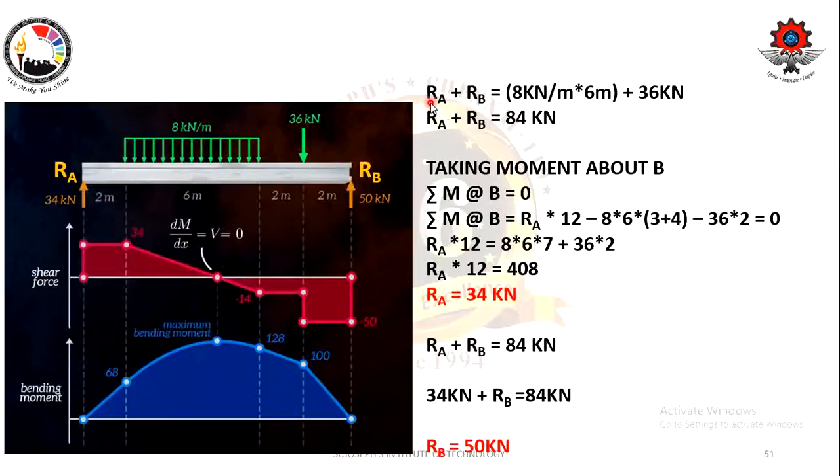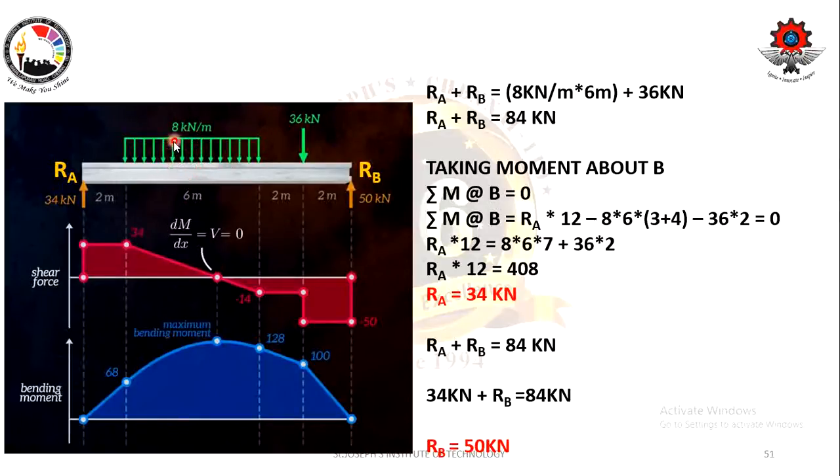From that, RA plus RB, the upward forces, is equal to the summation of the downward forces. So we are supposed to convert this UDL into a point load. How do we do that? It is the magnitude into the length.